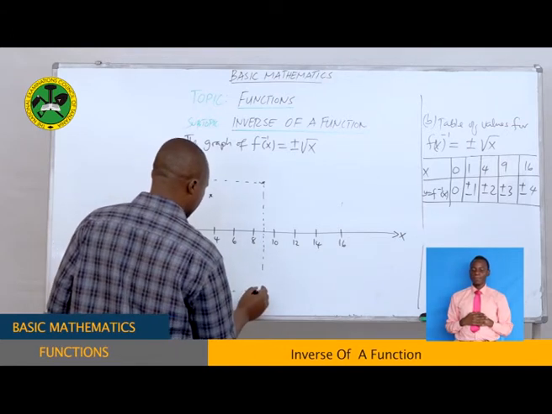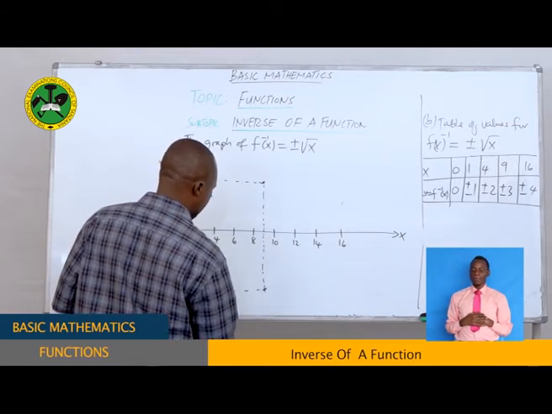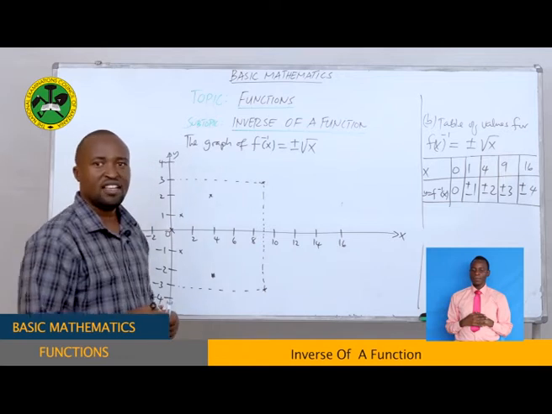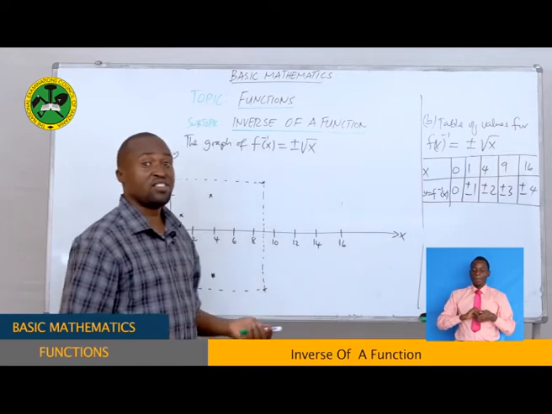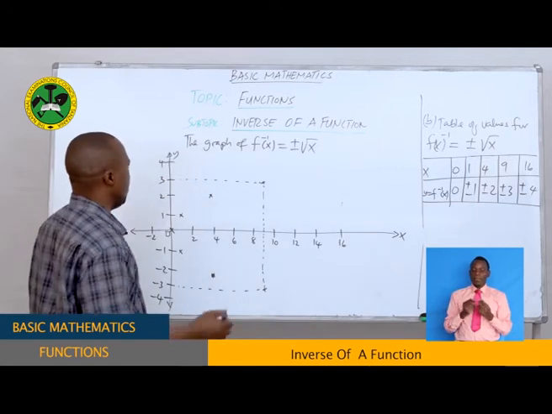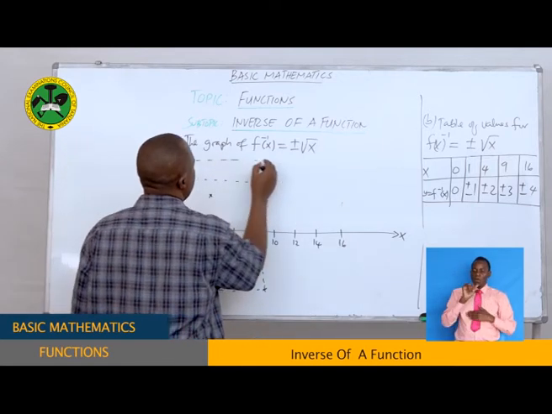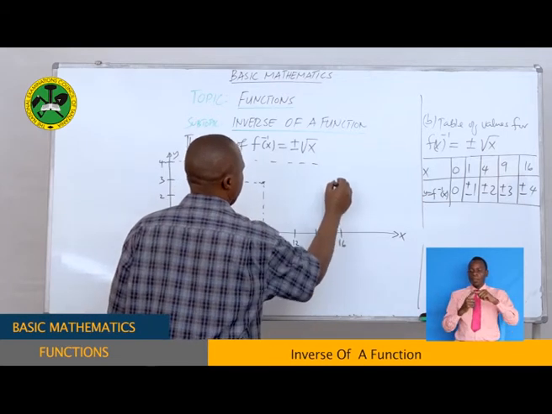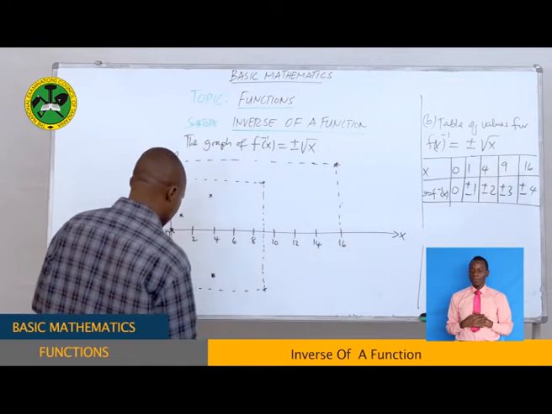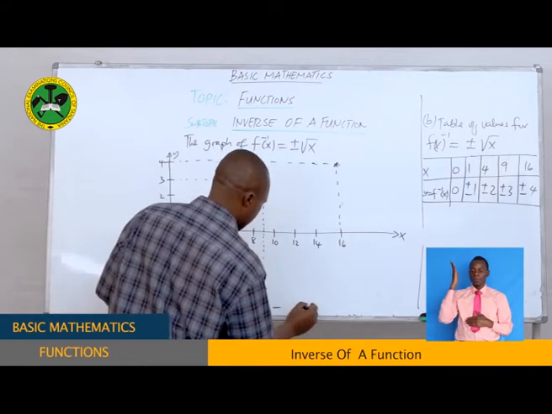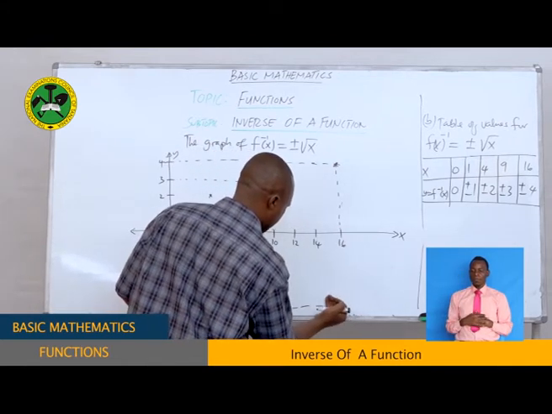But again, on the opposite side of y, it will be there. And again, when x is 16, y is plus or minus 4. So for 16, y is plus or minus, that is minus 4.